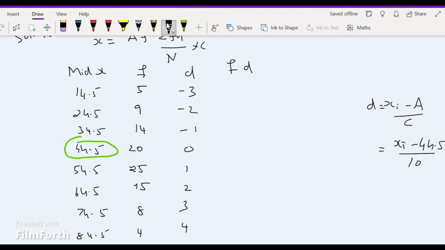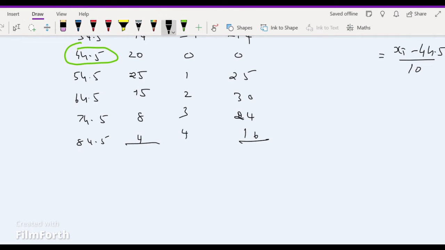Just find fd: minus 15, minus 18, minus 14, 0, 25, 30, 24, 16. So we need to find the sum. This value is equal to 48. This value is equal to 100.